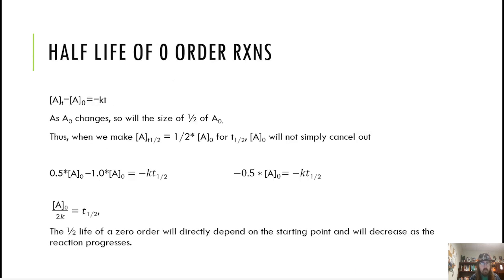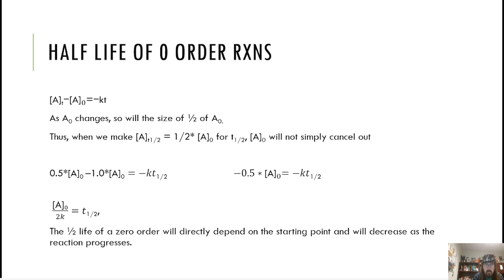Now, it also has a half-life, but because it's not a division, it's a fractional amount, the half-life is dependent on the amount of A sub 0 we start with.